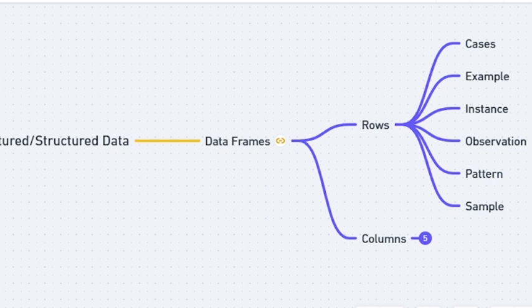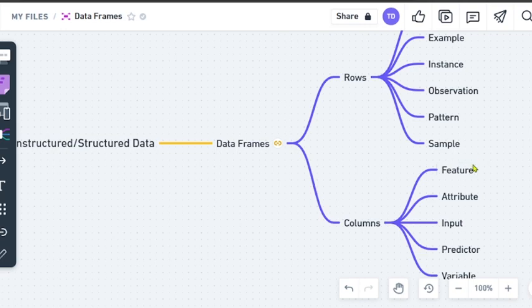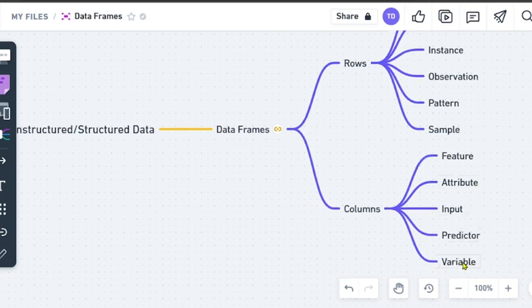And we have seen that a row, which is made up of various columns, will hold cases, or examples, or samples. A column will hold features, attributes, inputs, predictors, or variables.